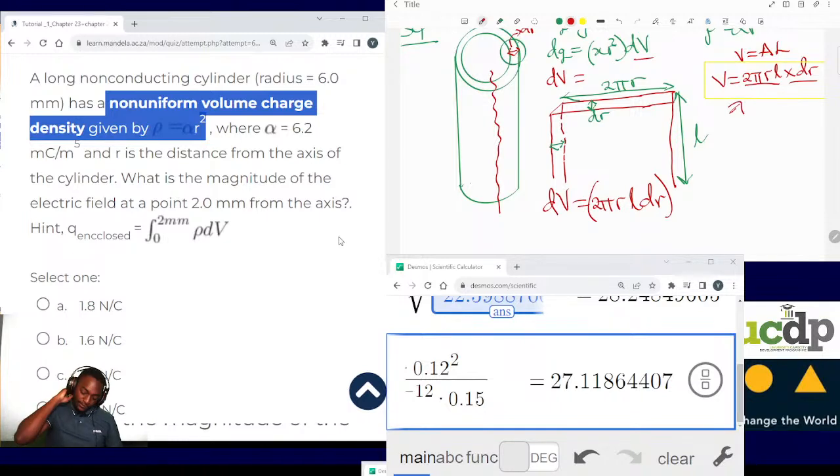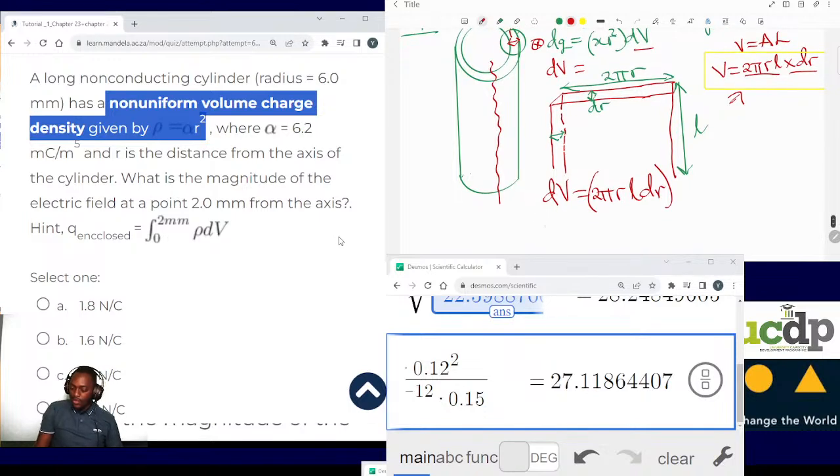Now we go back to our equation, which is our dq. dq is equal to alpha r squared times dV. We now put in our dV, which is 2 pi r L dr.